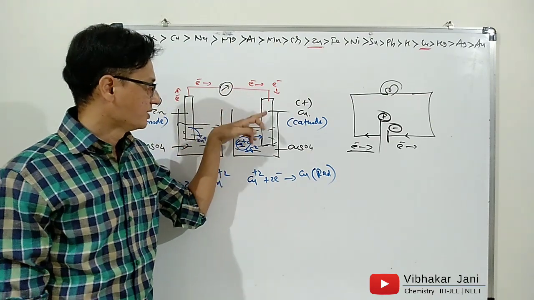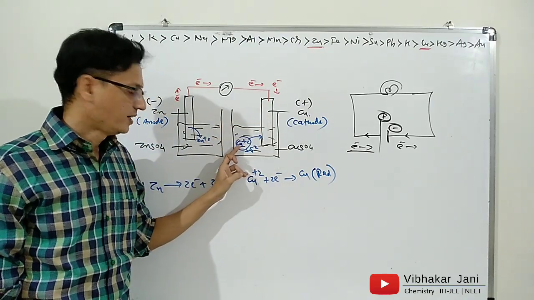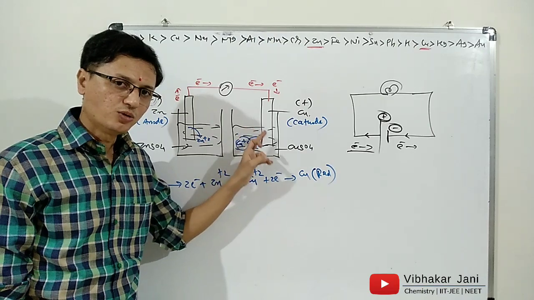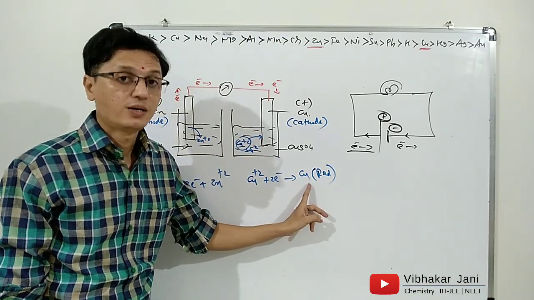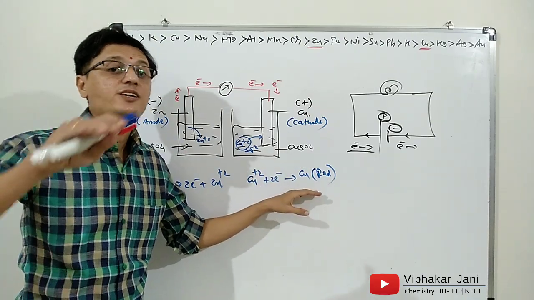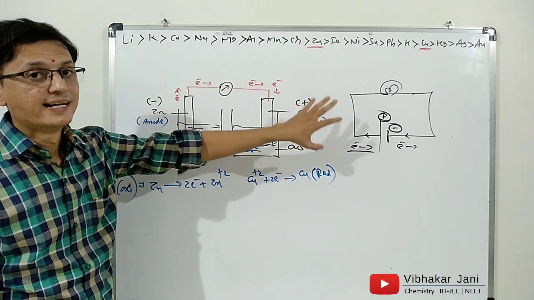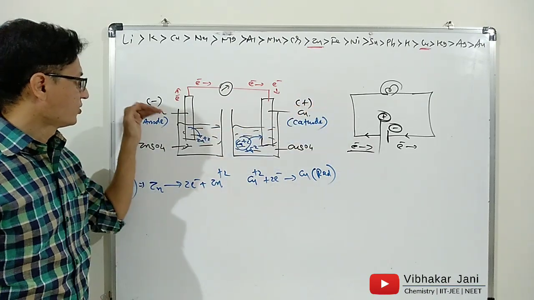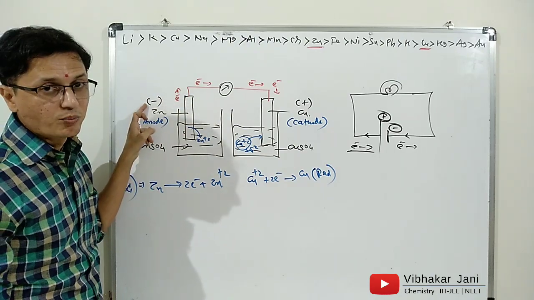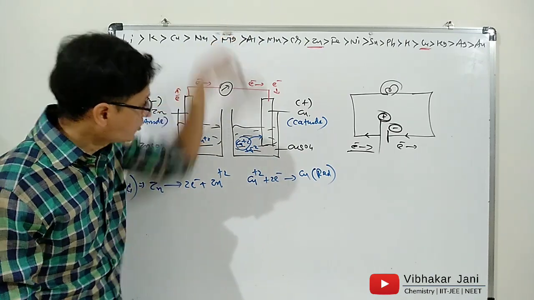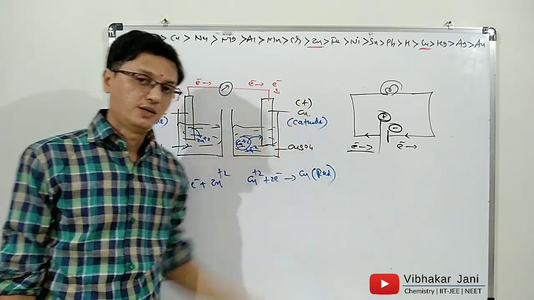And the electrons which come to the copper electrode are conveyed to the Cu+2 ions present in the solution. Therefore Cu+2 is reduced into copper atoms. This reaction is the reduction half reaction, and therefore the copper rod is known as the cathode. But as electrons are coming out from zinc, it is the negative pole, and as electrons come to the copper, it is considered the positive pole.